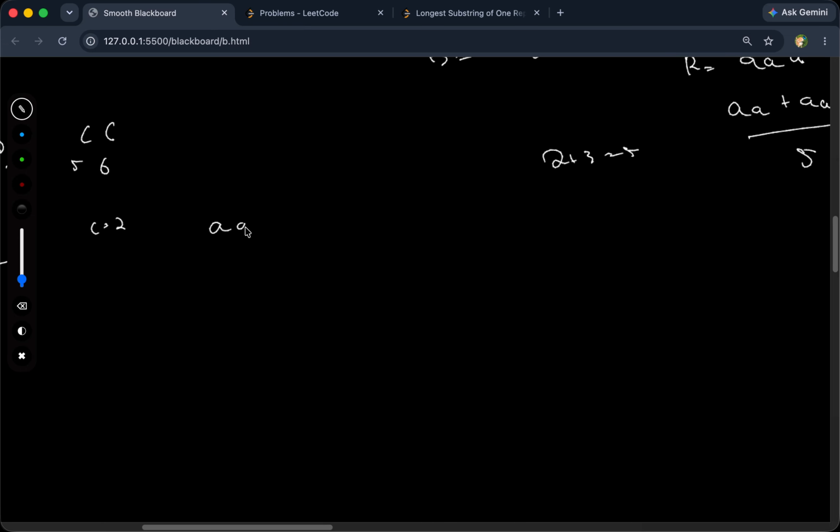Let's take A. There are two groups. If we add this, it becomes one group. 1 2 3, the answer is 5. Left suffix is 2 and right suffix is 3. 2 plus 3 is 5.